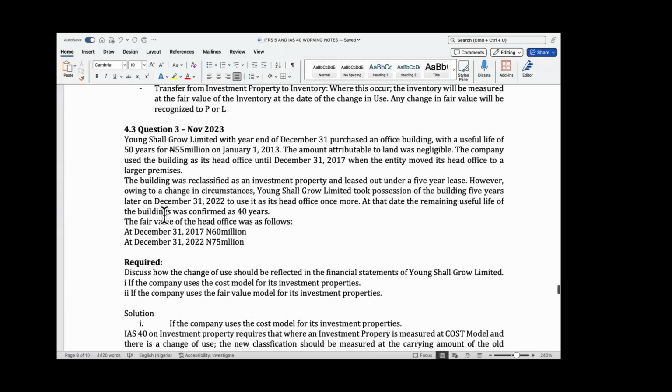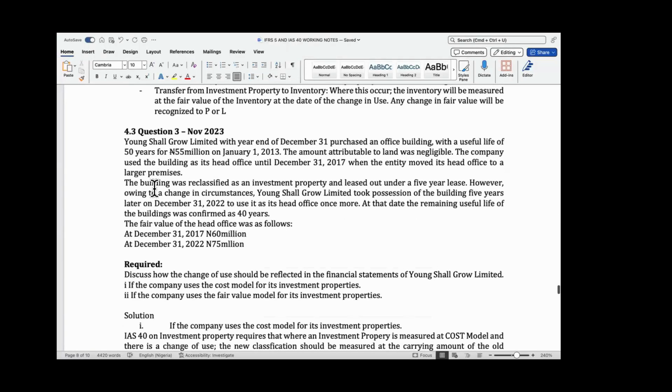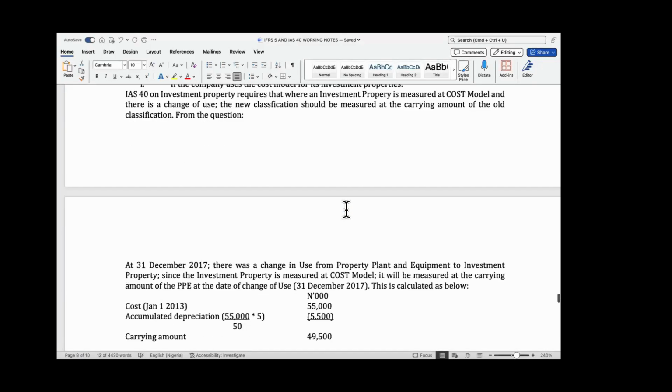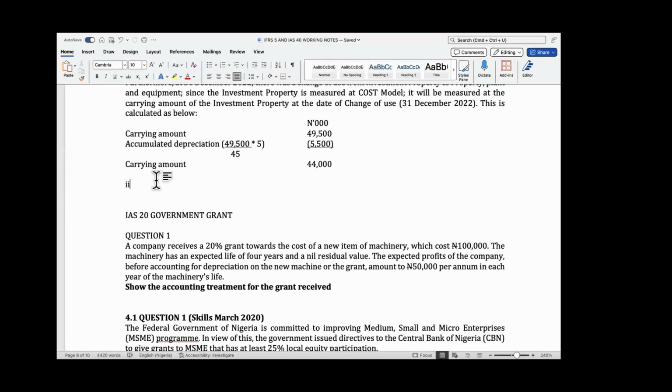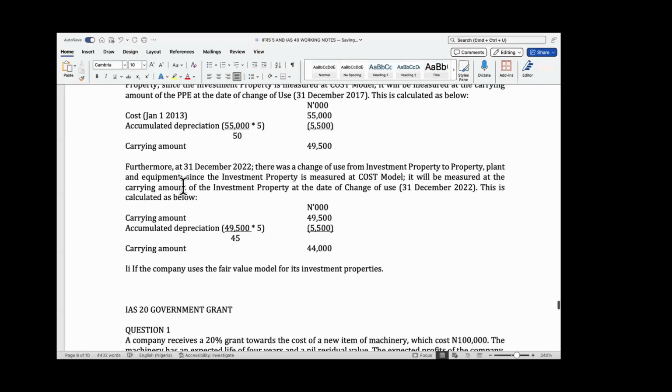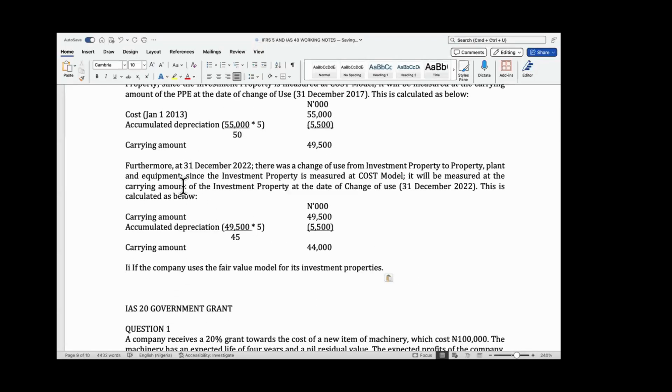All right. So the second scenario is if the company uses the fair value model. So in this case now, let's slow down.